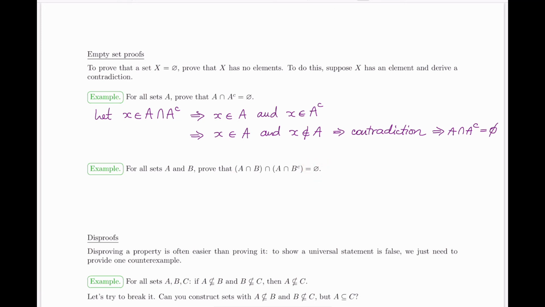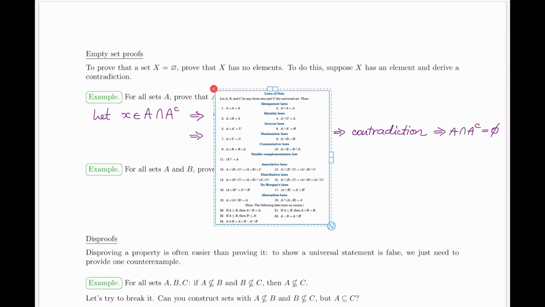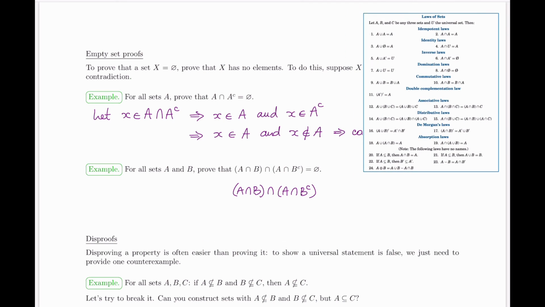I'm going to see how we can apply laws from the table on the previous page or 2 pages ago to do that. So in order to do that, I'm going to start with the left-hand side here and look at it closely to see if there's anything I can actually apply. Now, as before, I'm just going to plop this table on the page while I am going through this proof so I have something to refer to.